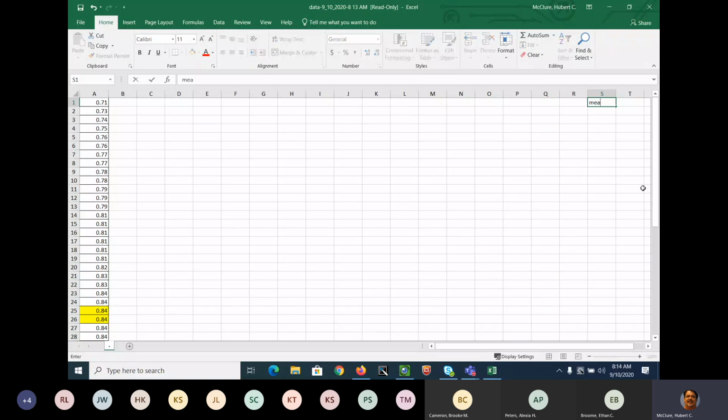So mean, median, mode, midrange, range, variance, and standard deviation.